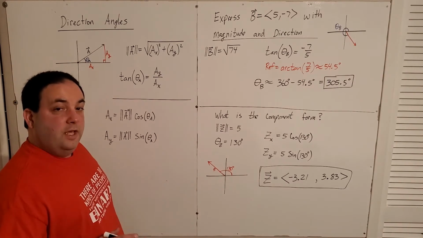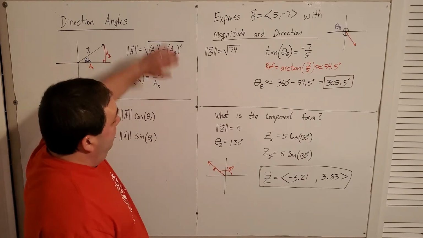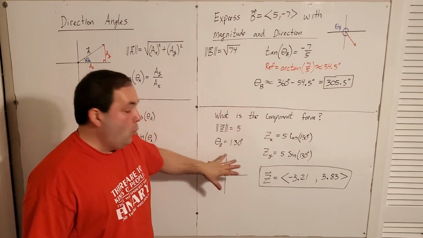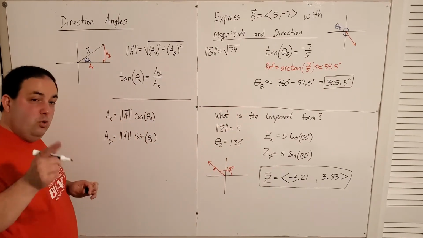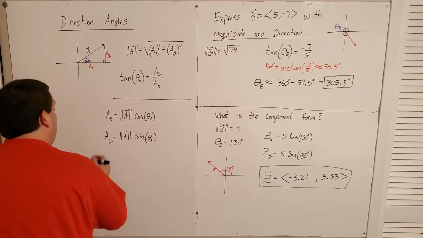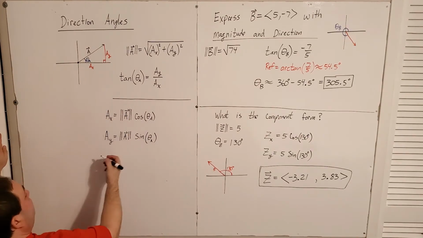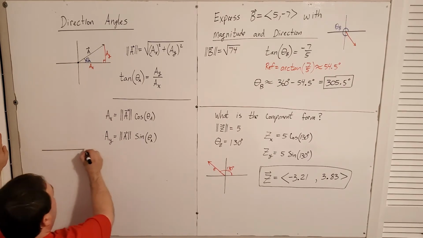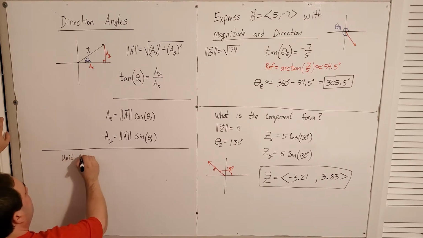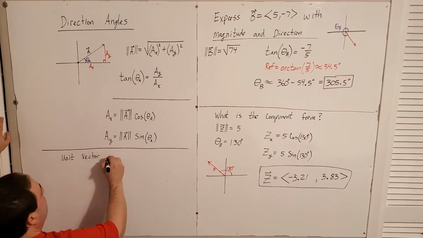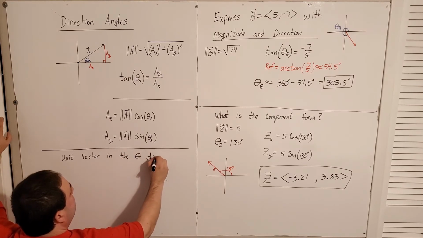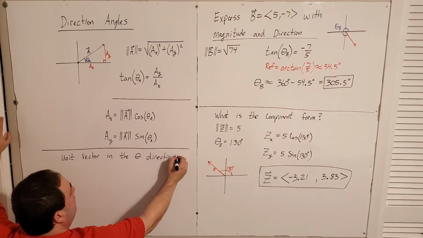Now, one other thing I want to add to this is that you can actually form a unit vector in this same way, right? Don't forget, a unit vector is one where the magnitude is 1. So automatically from these two formulas, if you were to say, give me a unit vector in the theta direction, right?